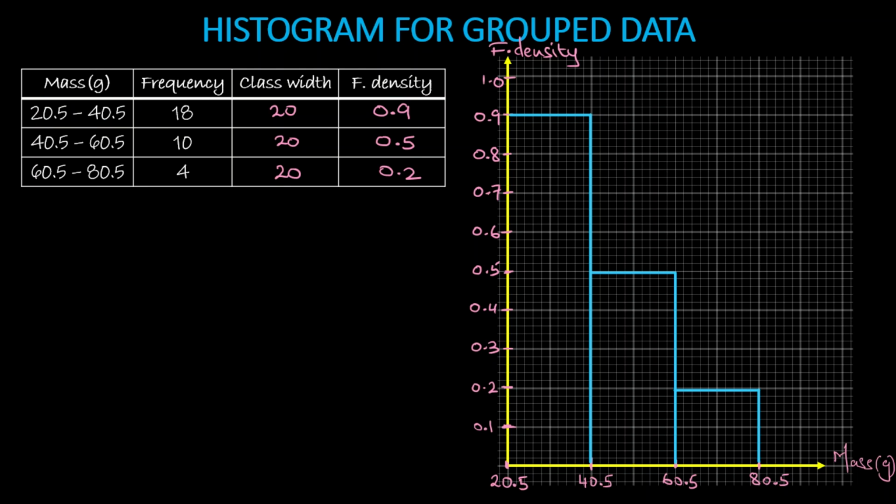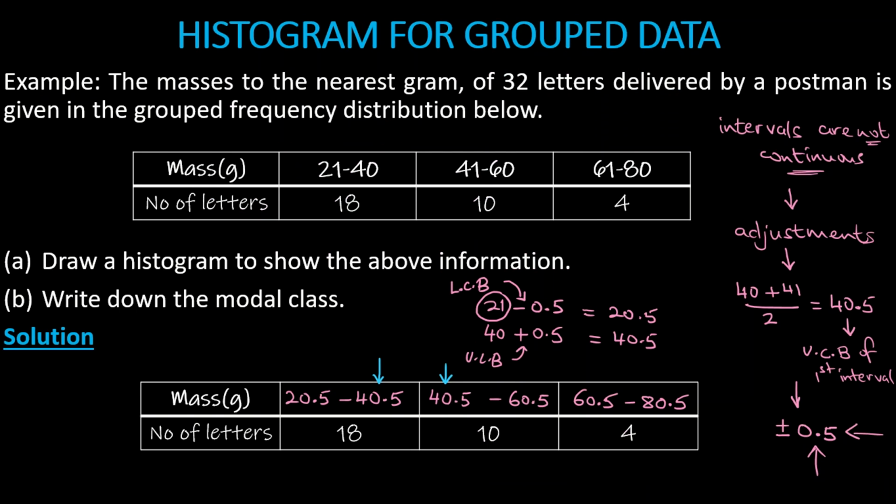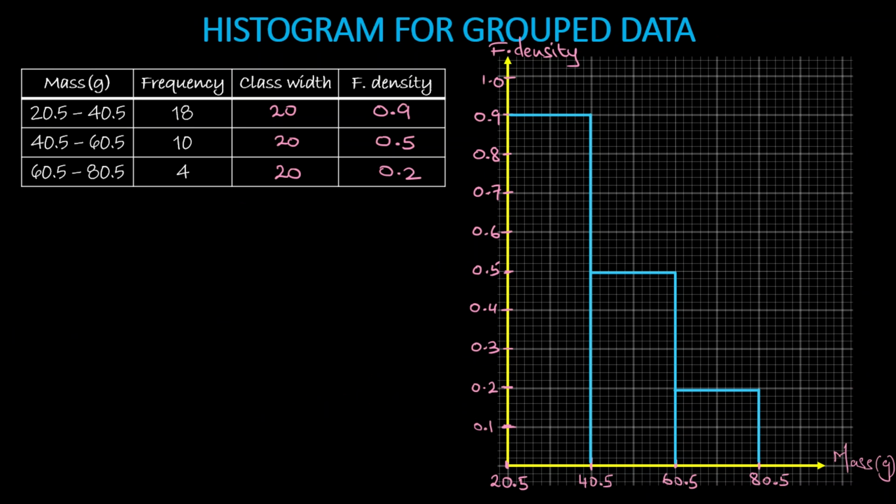And the question also says we have to write down the modal class, right? For a histogram, the modal class is the class which has the highest frequency density.